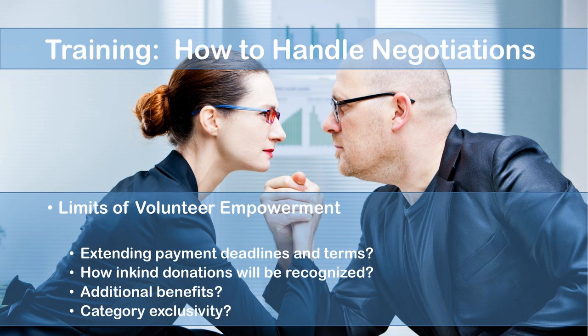And so you need to think through how you want them to handle those issues. And it may be that you don't want them to handle those issues. And so you tell them, if this or this comes up, I want you to say, you know what, I've got to get back to the development director and get back to you. So you need to say, this is the limit of your empowerment. I don't want you to get into these things.